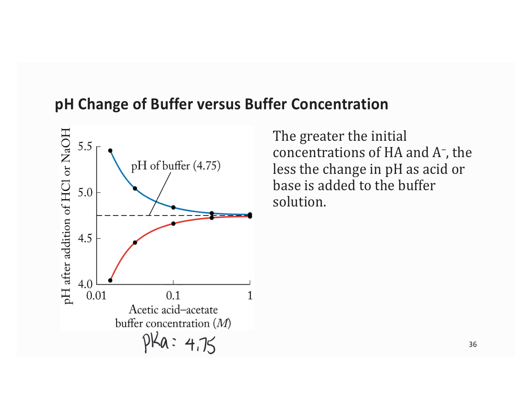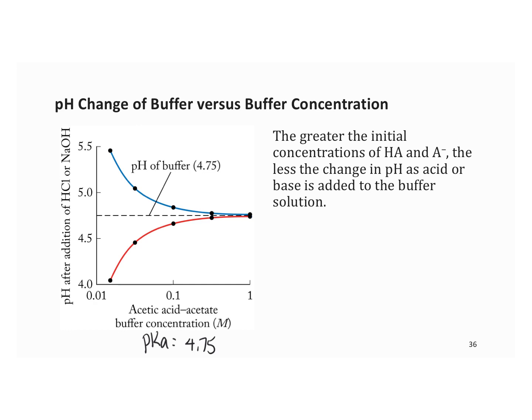Now, the red line here indicates the pH change that would occur when 1 milliliter of 1 molar HCl is added. And so what you see here is when the initial concentrations of the acetic acid and acetate are about 1, the pH change that occurs is really negligible, right?